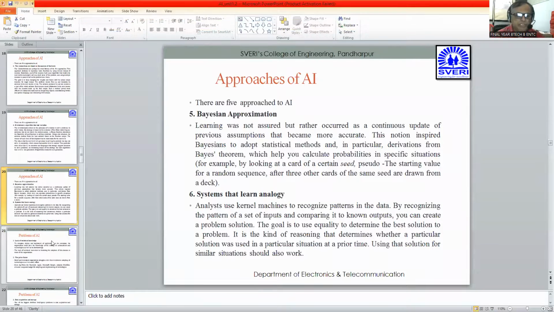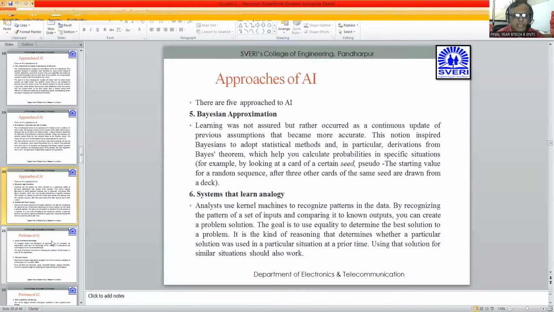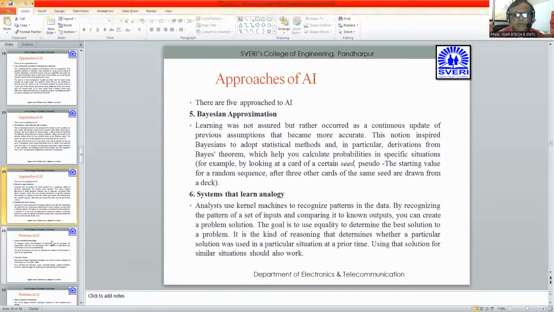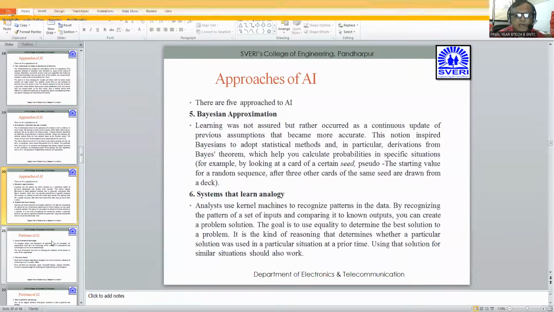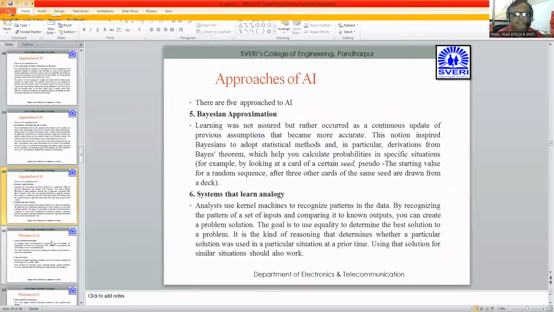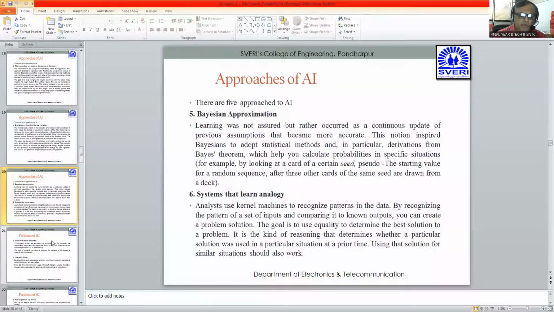For example, by looking at the card of a certain suit, the starting value of the random sequence after 3 other cards of the same suit are drawn from a deck. Now, this is just an example of how Bayesian theorems work out. If the probability of using the cards is similar to what you have seen in the earlier probability concepts, where you can draw a number of cards from a pack of 52 cards, and then what is the probability of getting a queen, all those things we have seen. That is the same example, that is the Bayesian approximation.